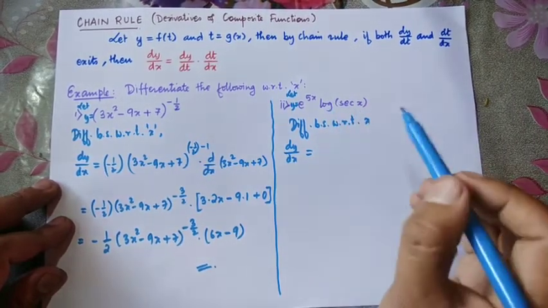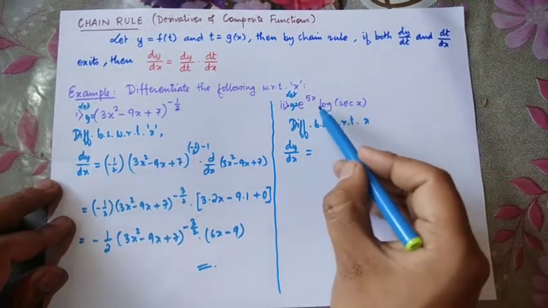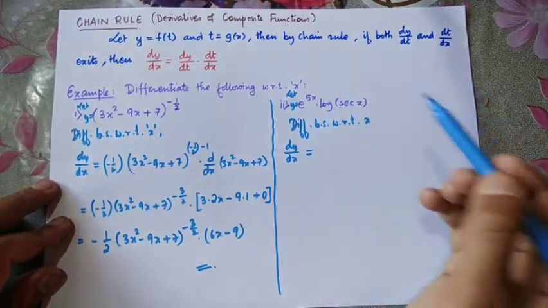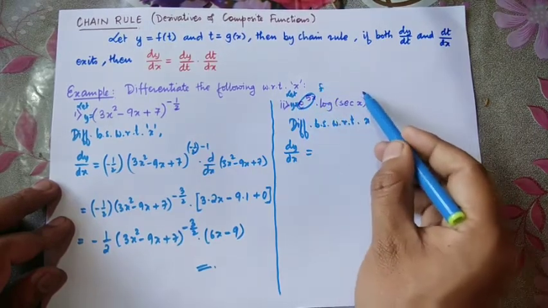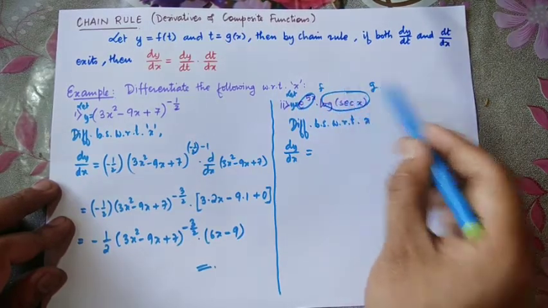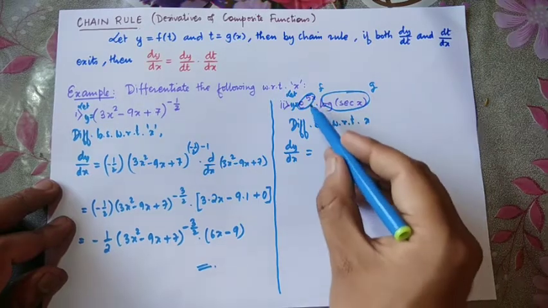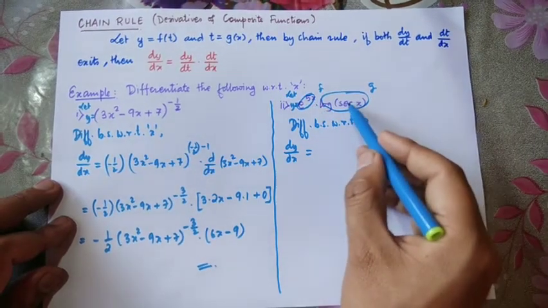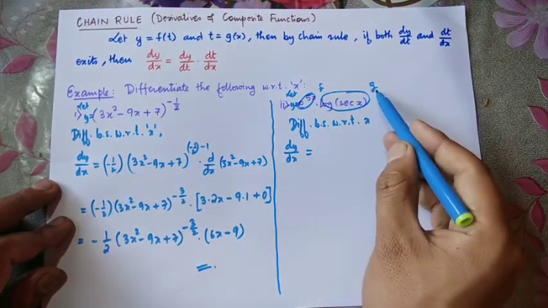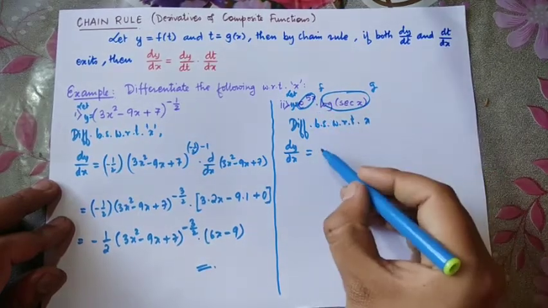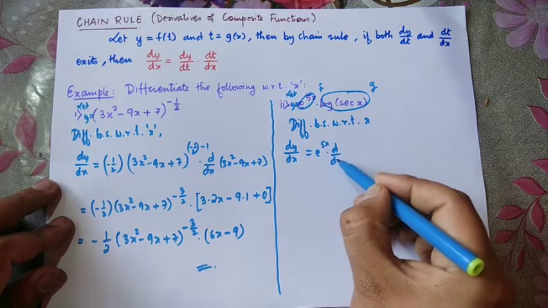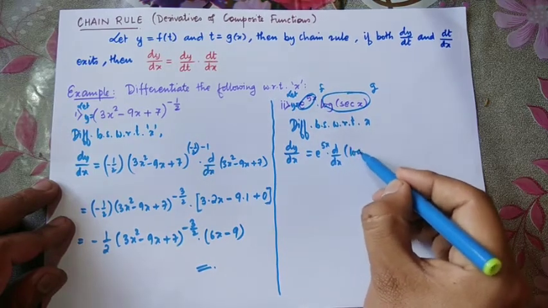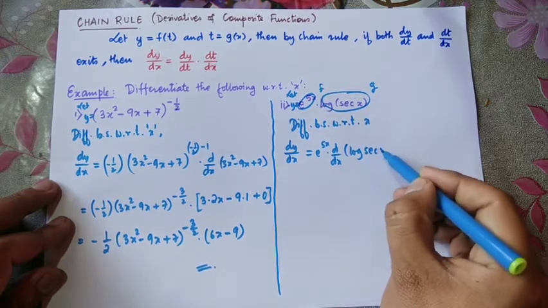Now first and foremost we have got a product out there. So this is one function f and this is another function g. So f into g gives me: first keep it as it is, differentiate this, plus keep it as it is, differentiate this. So e to the power 5x into d by dx of log sec x.